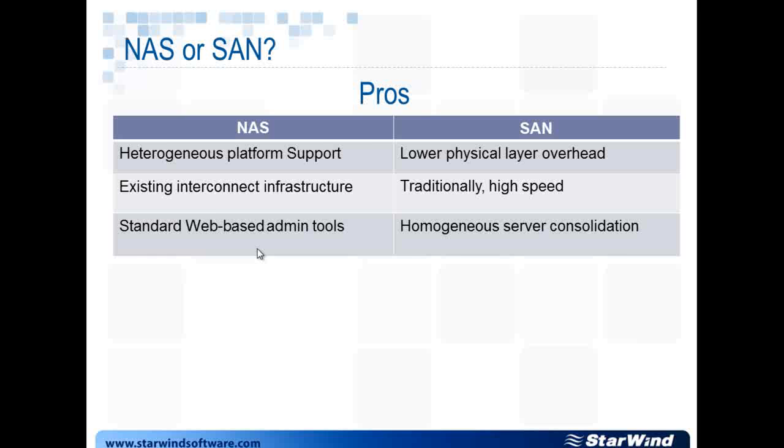NAS can be used in a heterogeneous environment. This means that any operating system can use data stored on NAS-based storage: Windows, Mac OS, Linux, anything. Also, different NAS storage nodes can be placed in different physical locations and it would still function as a single storage. And the last one about NAS is that it can be managed through a web interface.